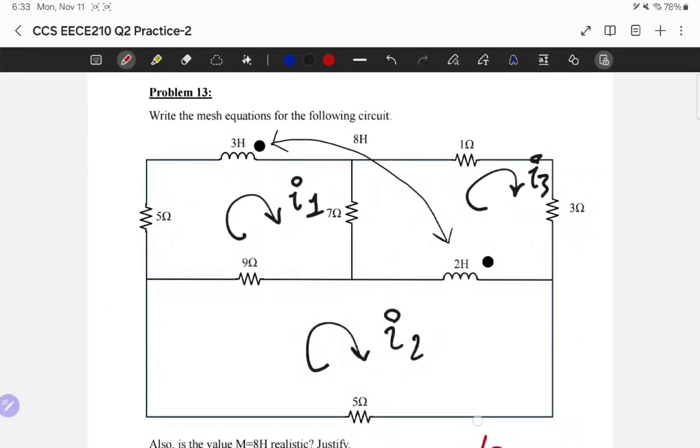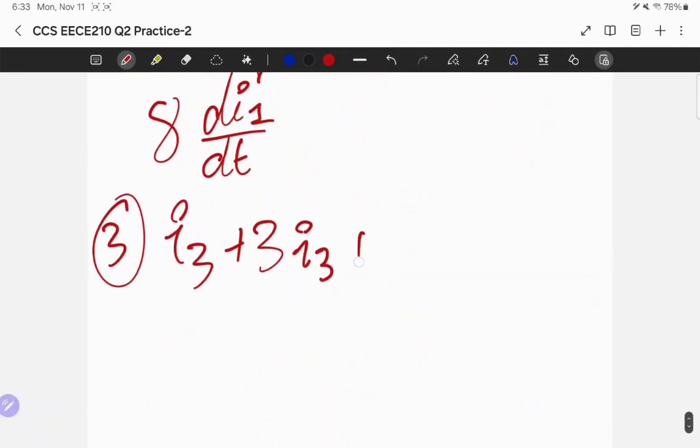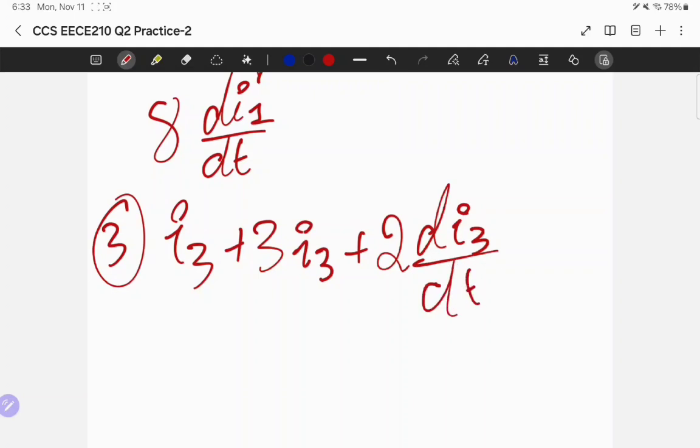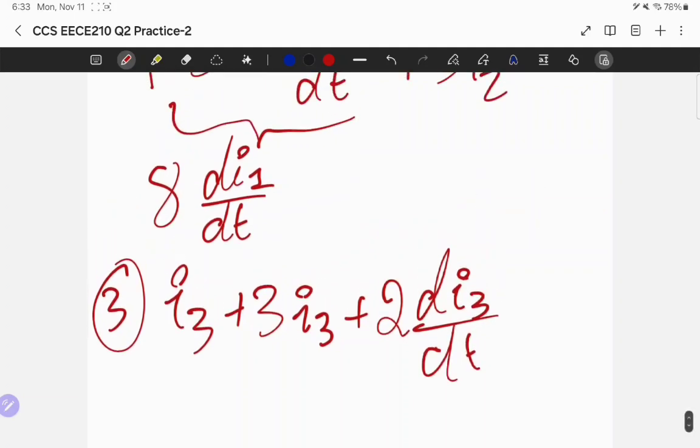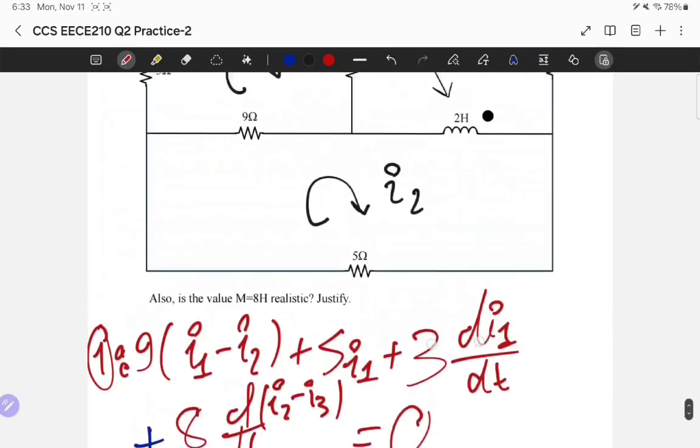Forget about the mutual coupling and focus on the 2 Henry inductor. The voltage across it is 2, the current flowing into it, so I3 over dt. V equals L dI by dt, I being the current that's flowing into the inductor.